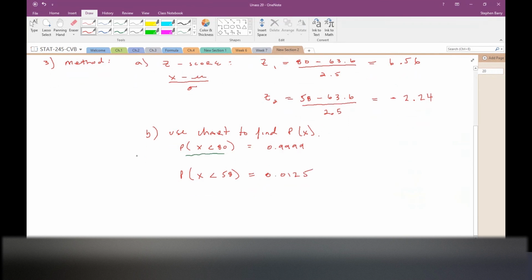All right, so we've got our two probabilities, and now we can give the answer, or your conclusion, whatever you want to say.